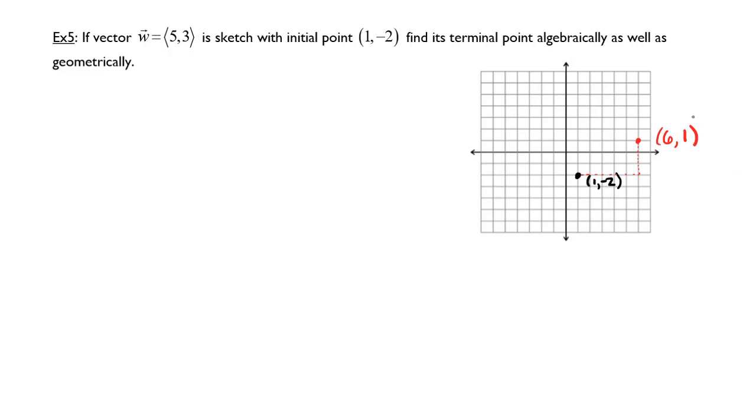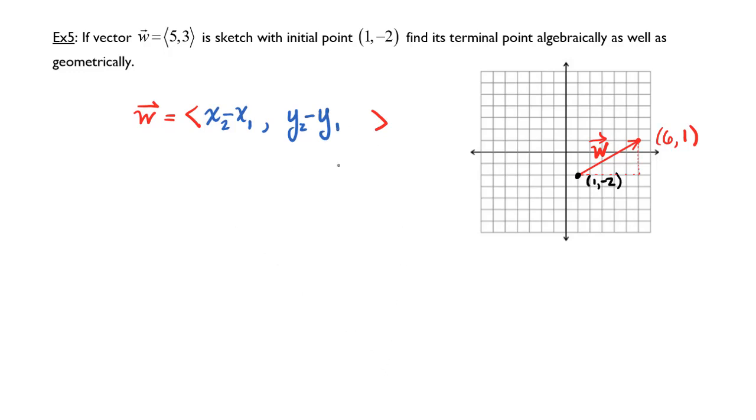Now you may be wondering, how in the world would I draw this or calculate this algebraically? Let's go ahead and figure that one out next. There's my vector w, and I'm going to now calculate this using the formula. I know that the vector w in component form is x sub 2 minus x sub 1, comma, y sub 2 minus y sub 1.